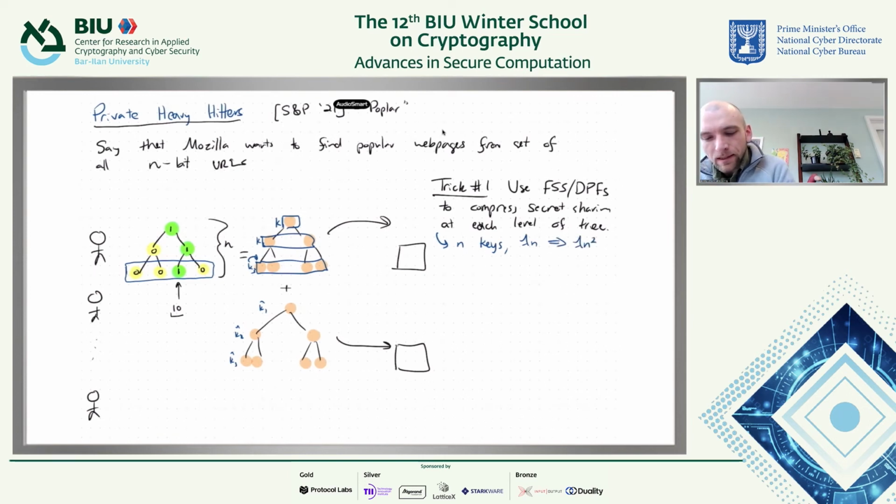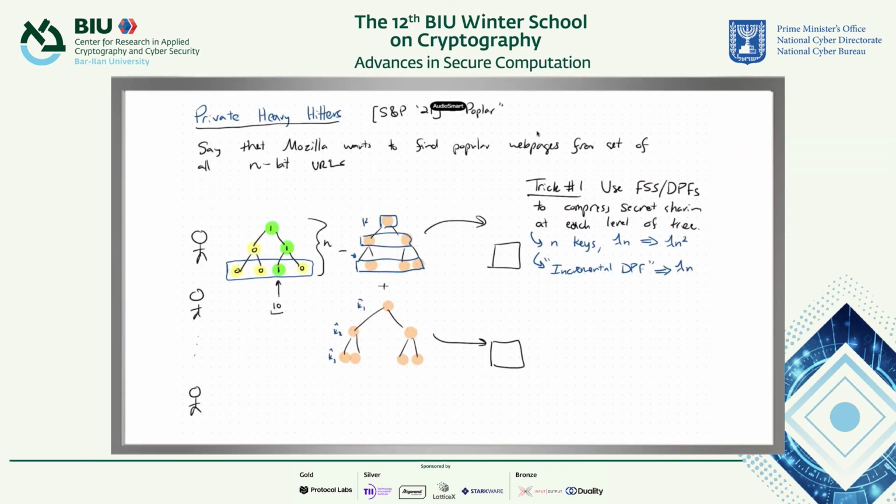You can do something slightly better, and actually each client only sends 1 key, and one DPF key is able to succinctly represent all of the nodes in this tree. So with more cleverness, using something we call an incremental DPF, you can reduce the size of this compressed secret sharing to just linear in the depth of this tree. So that's the first trick.